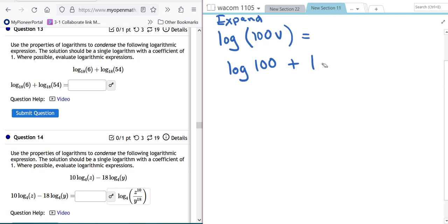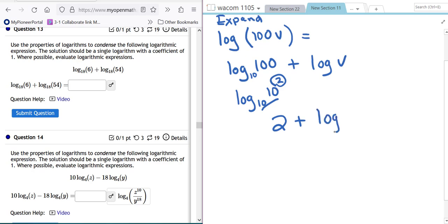Whoops, it should say log. And this piece of it you can simplify because these are log base 10 and 100 is 10 squared. So that simplifies to 2. So it's 2 plus log of v. And that would be your answer. So this one was a product instead of the one that I had, which was a quotient. Does that help?